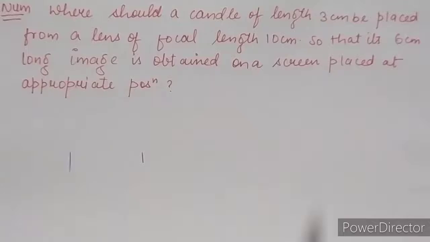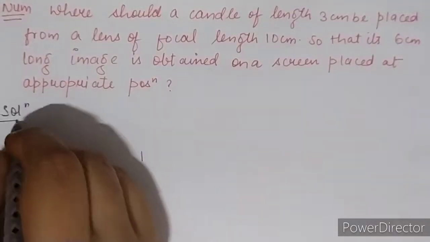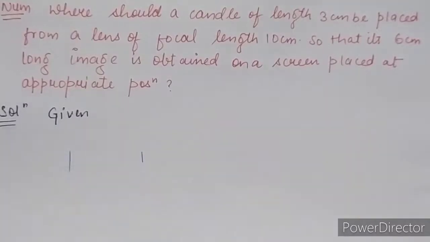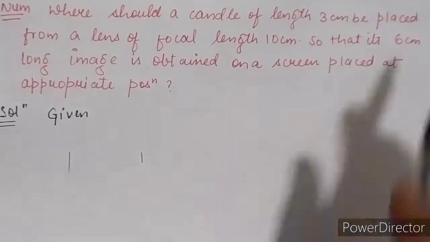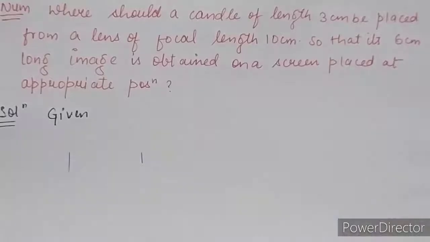So in the solution the given values are, remember this, this is not mentioned in the question, this is for the convex lens, it is missing in the question. Okay, this is about the convex lens, when it is placed from the convex lens of focal length 10 centimeter.